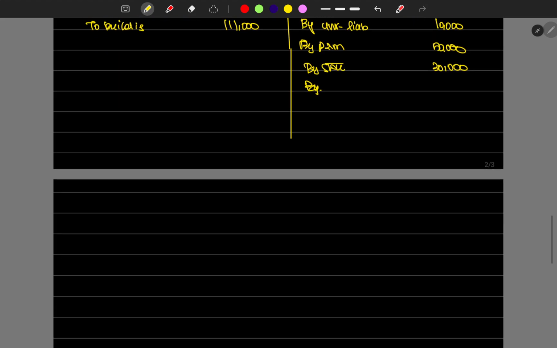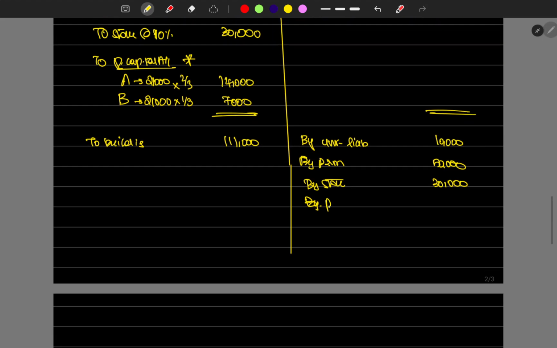Now we have to do the same thing, but for all partners. When we are doing it for all the partners, the loss is split among all the partners, right? Net of it, we'll get some loss, which will be taken over by A and B itself.